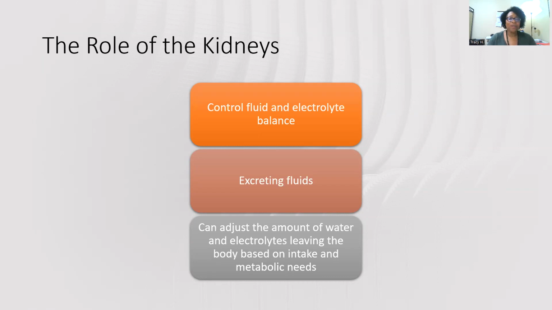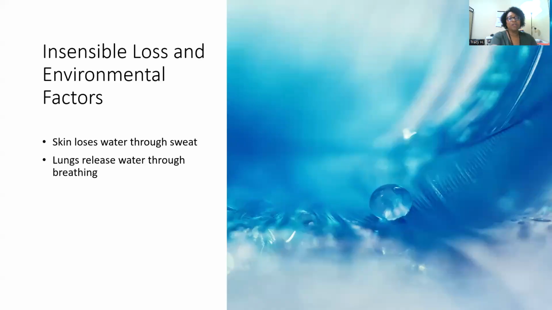Okay. Now, we're talking about intake, but we also have to talk about how water is lost. The body loses water through what is called insensible loss, and they say that because we don't even know we're losing it. We have no idea we're losing this water.